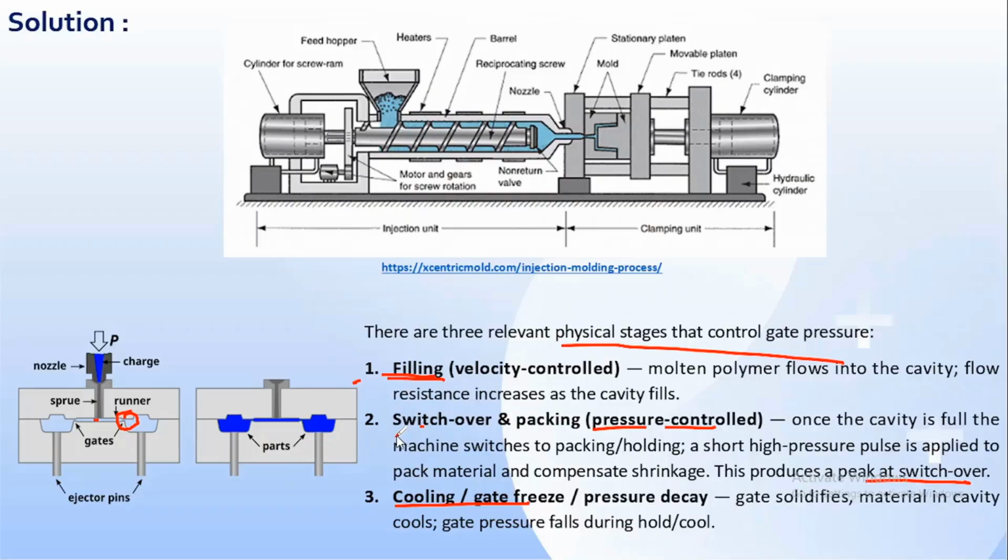And at second, switchover, there is a sharp peak because the control mode and resistance change abruptly. During third, pressure does not remain perfectly constant after the peak, and hence the pressure decays at the gate, as the melt freezes, compresses and cools.